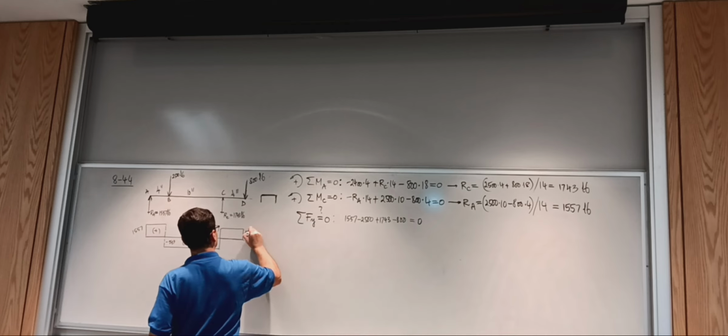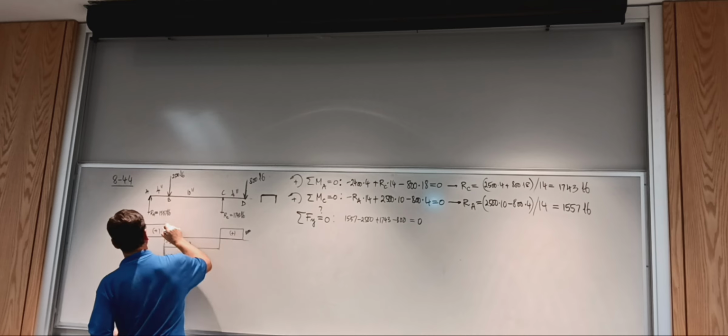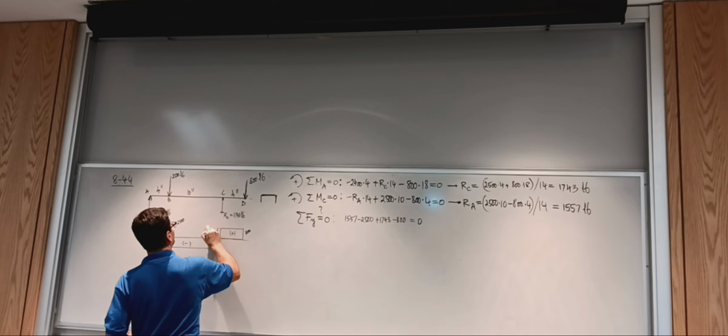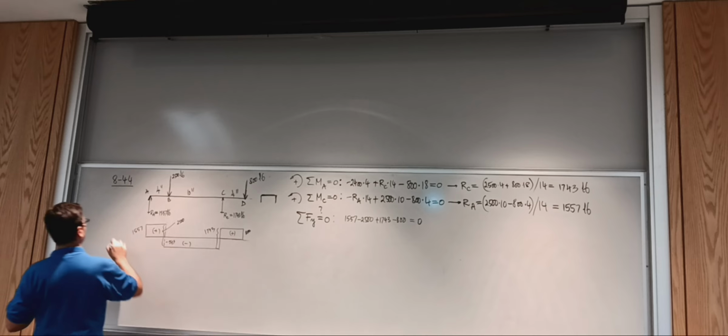So this is positive 800. With this whole thing being 2,500, this whole thing being 1,743. This was V and was in pounds.